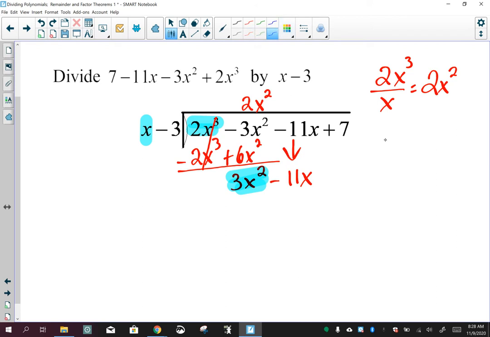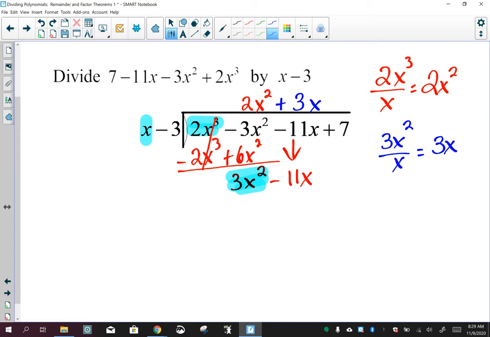I'm going to say that 3x squared, divide that by my focus that's right here. That winds up with 3x. So this 3x is going to go right here, and since it's a positive, I put the plus sign in front of it. And then again, I multiply, change the sign.